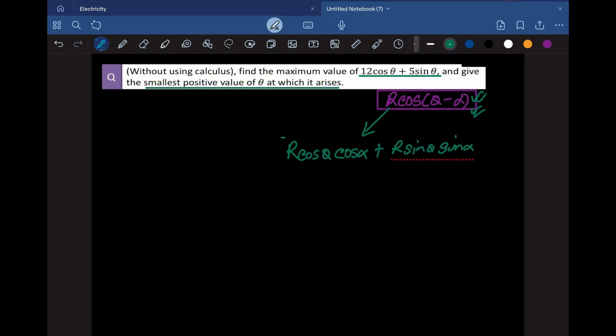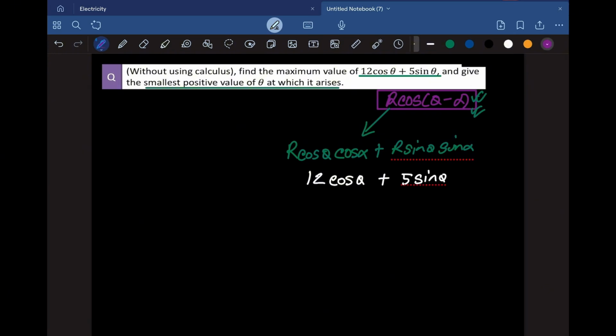And now we will compare this with this value. Now let's compare them. We will write it down here, which is 12 cos theta plus 5 sin theta.